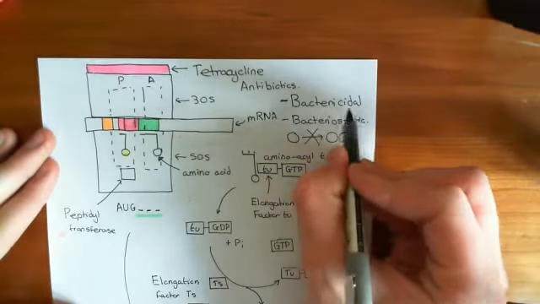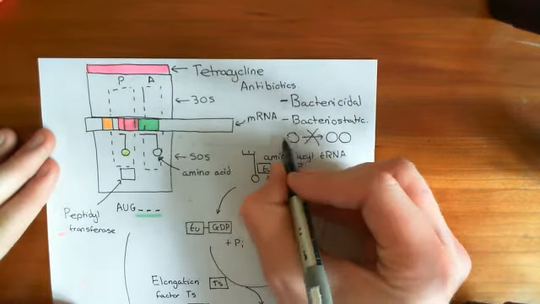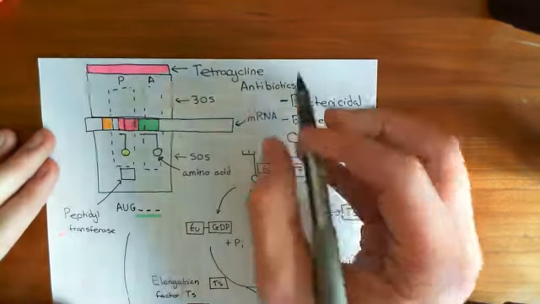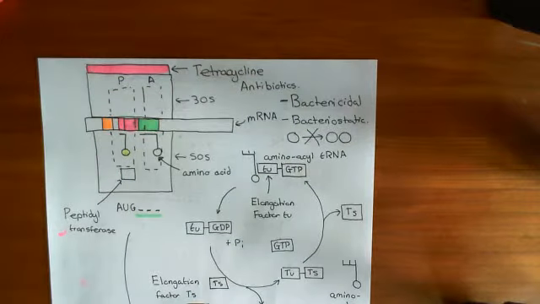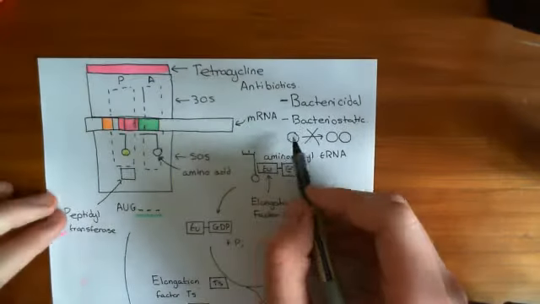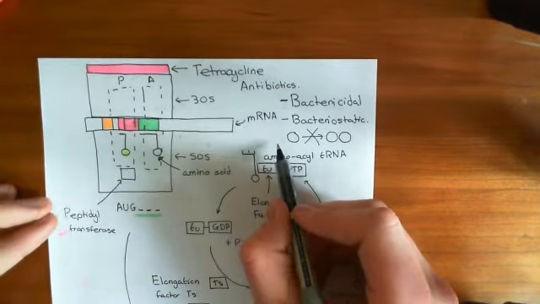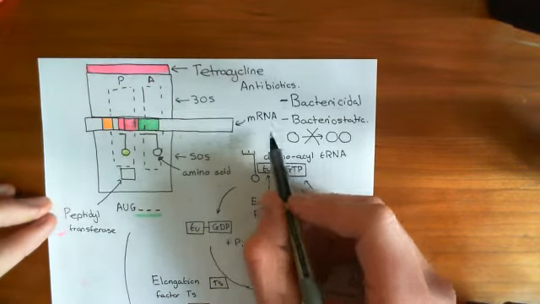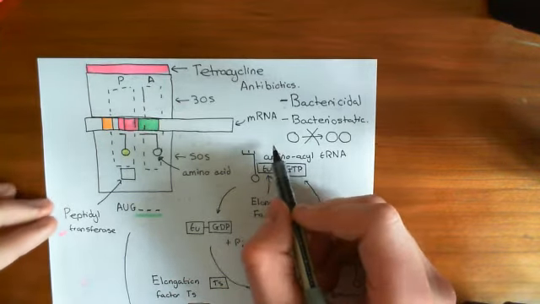And tetracycline antibiotics are going to stop you from being able to produce those proteins. Bactericidal antibiotics are antibiotics which actually kill the bacteria. So they would come in and actually kill the bacteria that are already there. Tetracycline is not an example of a bactericidal antibiotic. Okay, it will only stop the bacteria from dividing, and you might wonder, well, what use is that? Well, it stops the bacterial colony from being able to get any bigger, so it makes the bacterial infection that you might have somewhere more manageable for the immune system.